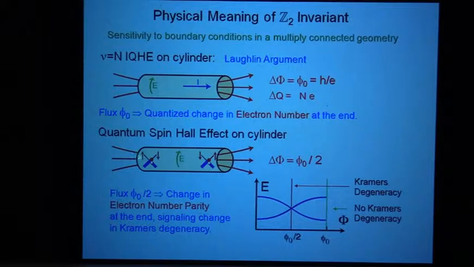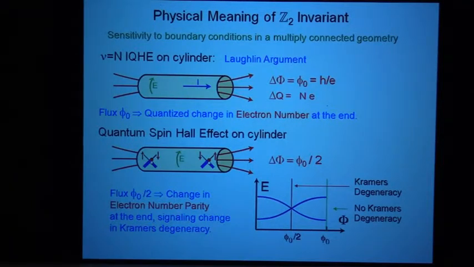Obviously if I thread a whole flux quantum, then the Chern number is equal to 0, so I come back, no charge is pumped. But what I want to think about is what happens when the flux that I thread is 1/2 of a flux quantum. So I thread a flux h over 2e.